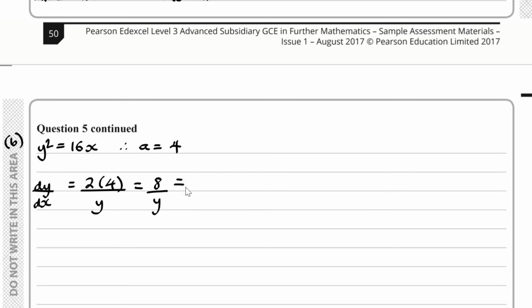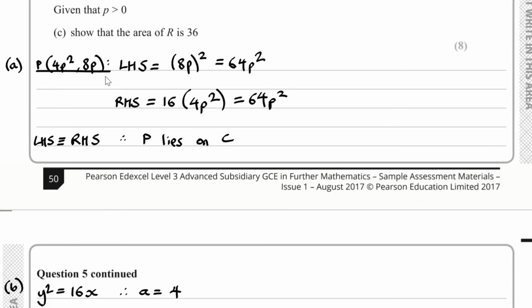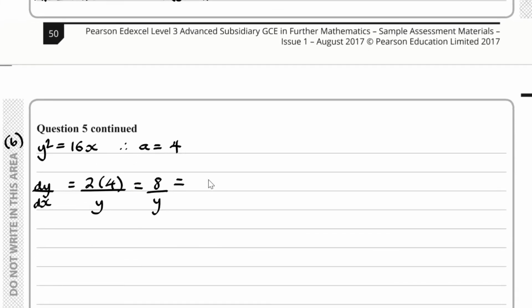And looking at the coordinates of P, y is 8p. So we have 8 over 8p, which is 1 over p.